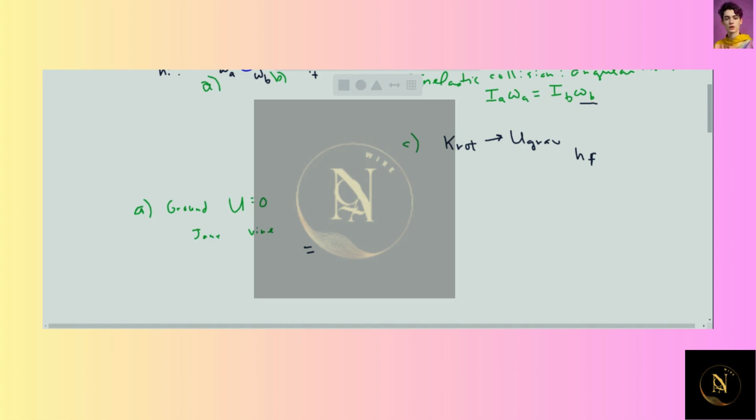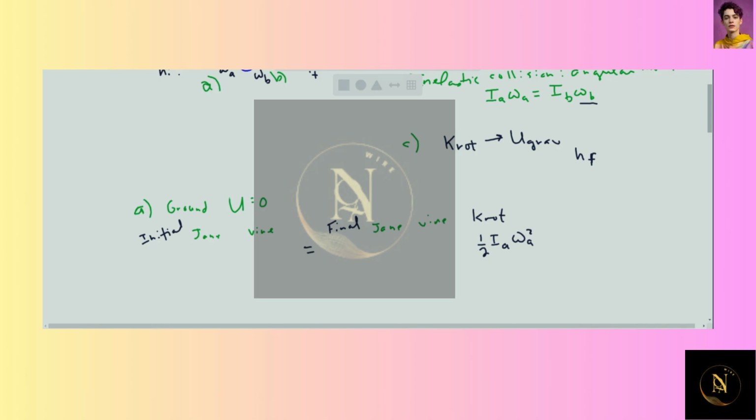And we want to equate those to the final potential energies of Jane and the vine, plus the K rotational, 1/2 I A, we'll call it omega A squared. And we'll figure out that moment of inertia in a little bit.